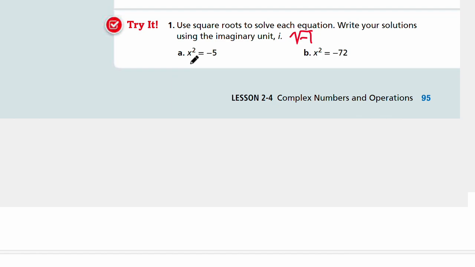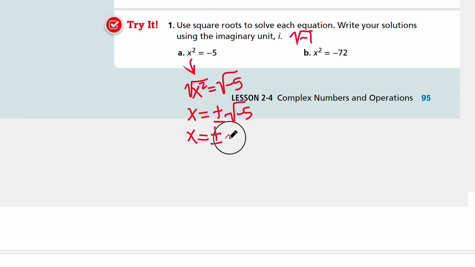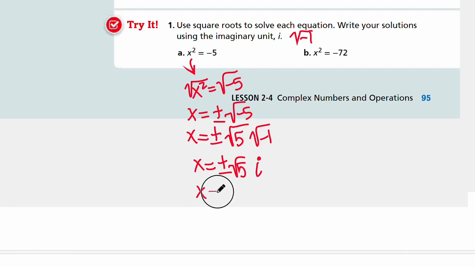So first of all, we can solve part A as the square root of x squared is equal to the square root of -5, which means x is going to be plus or minus the square root of -5, and that's not a real number, right? So you can factor the 5 out and say the square root of 5 times the square root of -1 is going to be the same as the square root of -5, right? And so you can say plus or minus the square root of 5 times i would be your solution.